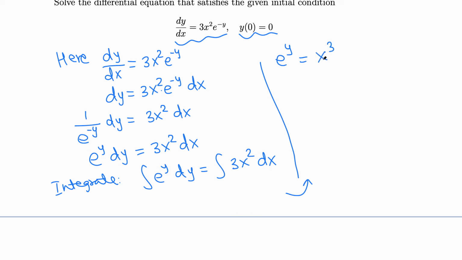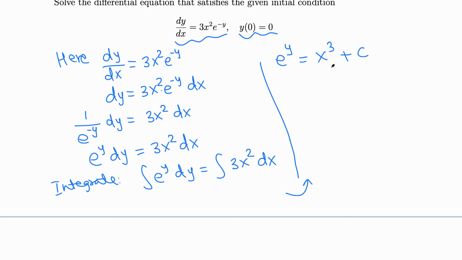As you can see, the derivative of x cubed is 3x squared, plus a constant. Now we have two options. We can use this initial condition and find the value of c, then solve for y, or first solve for y, then use this initial condition. I'm going to solve for y.